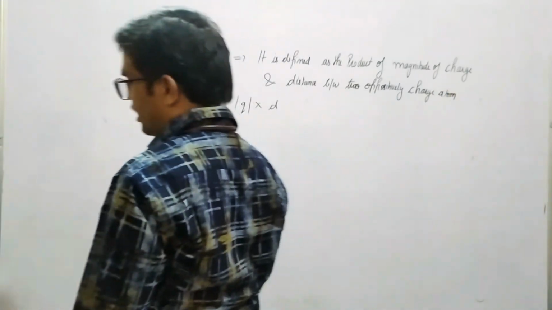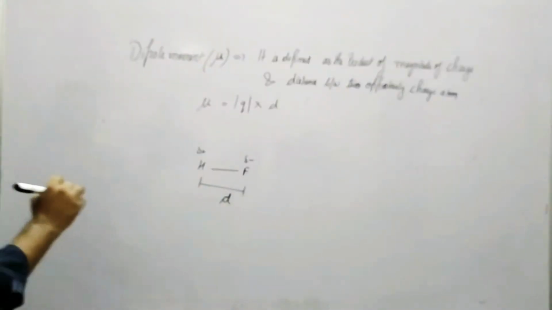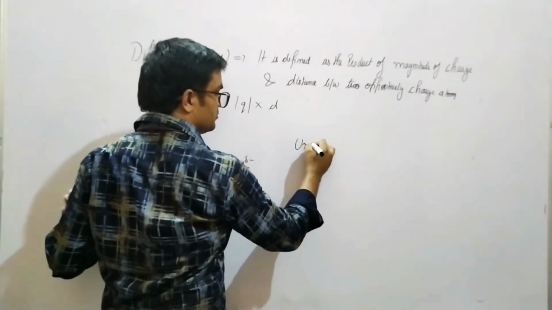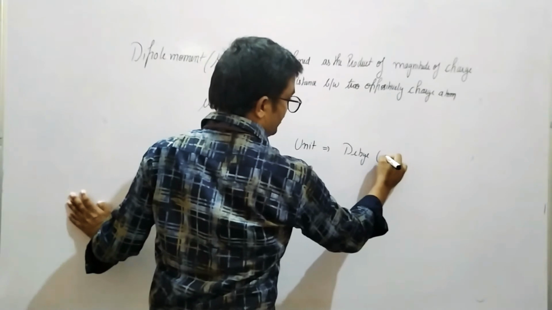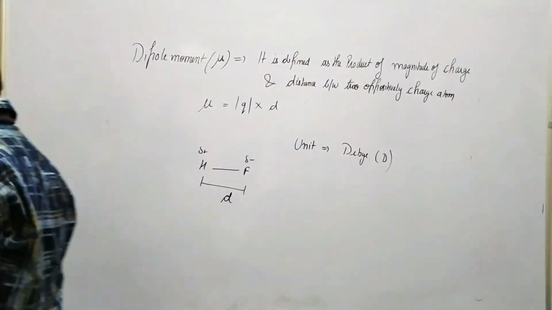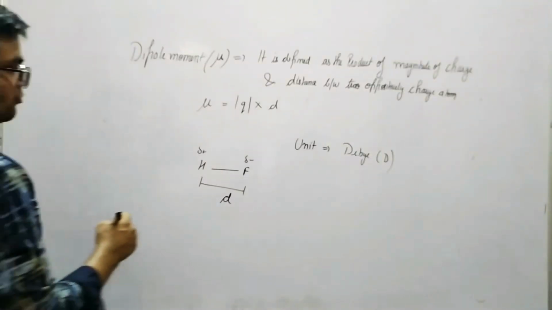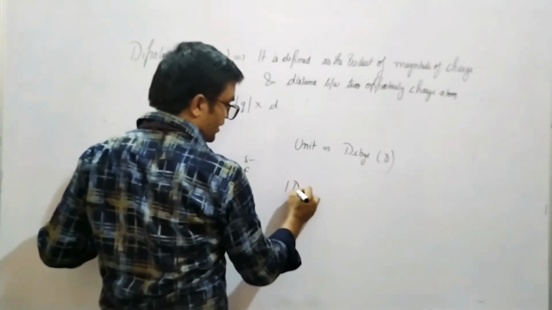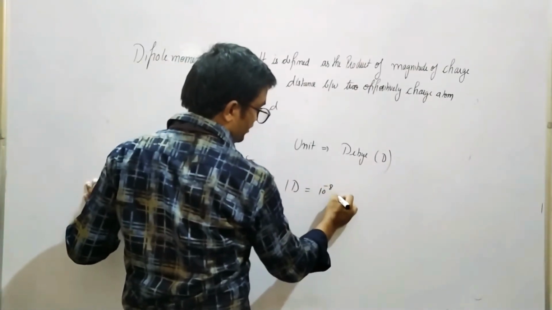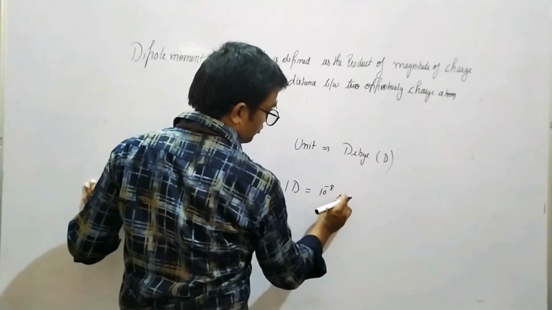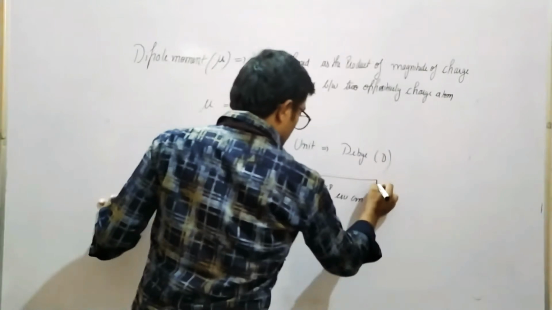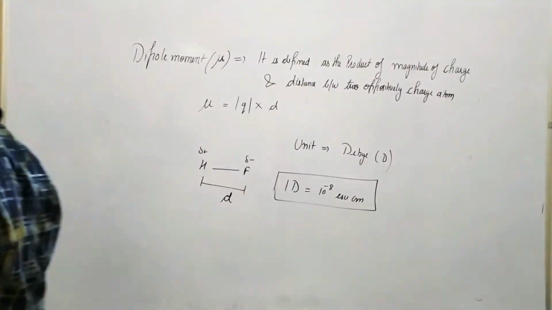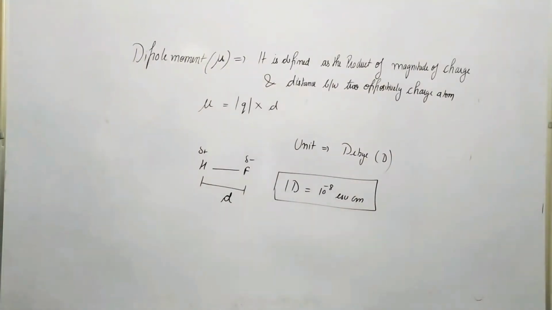The unit of dipole moment is debye, D-E-B-Y-E, represented by D. And 1 debye is equal to 10 raised to power -18 ESU. ESU means electrostatic unit centimeter. You should remember it. Debye is the SI unit while ESU centimeter is the CGS unit.